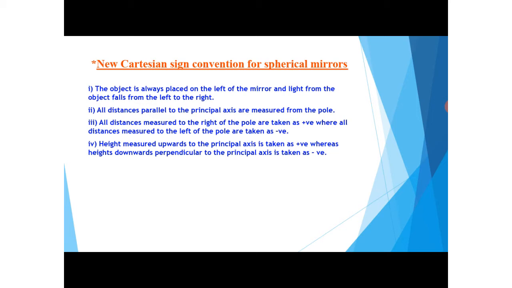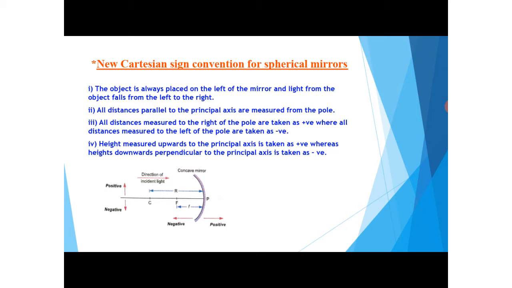Similarly, it is the case with mirrors as well. Consider the case of the concave mirror. In this concave mirror, we have a principal axis passing from the center of curvature to the pole of the mirror. In this figure you can see the arrow showing the direction of incident light, coming from the left and going towards the right.